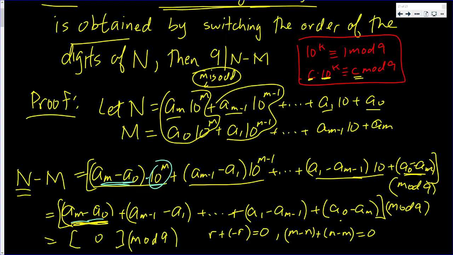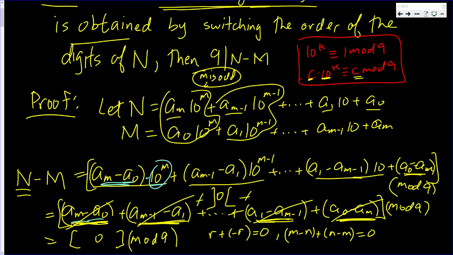This and the last one, they add up to 0. This one and the second one from the left and the second one from the right, they add up to 0. And the third from the left and the third from the right, they add up to 0. And so on. If you don't have a middle one, then the ones on the left and the ones on the right all cancel out to 0. If you do have a middle one, it's going to be 0 anyways.